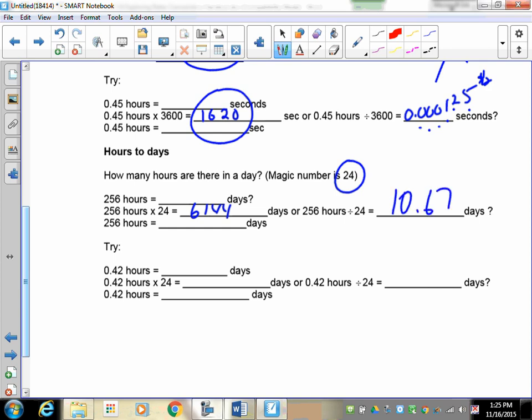So 256 makes more sense because if you have 24 hours is equal to 1 day, and you have 250 hours, or 200, just round it off to 240, and that's 10. So it has to be, just by using some estimation, it's got to be 10.67. Okay, and for the third one, try this one.